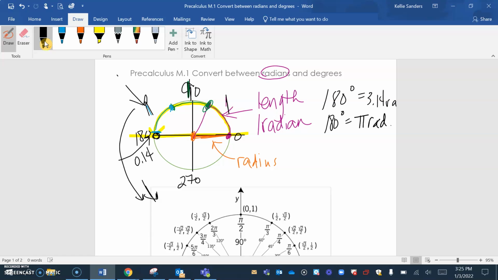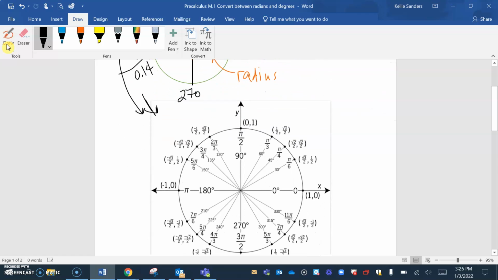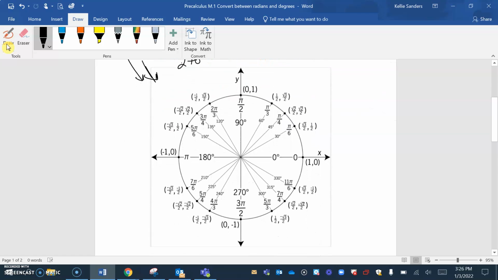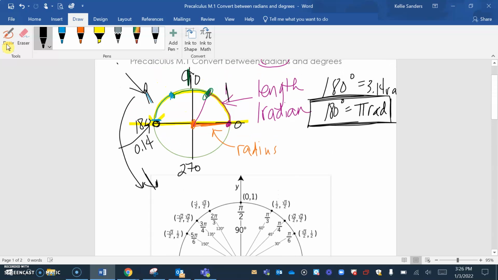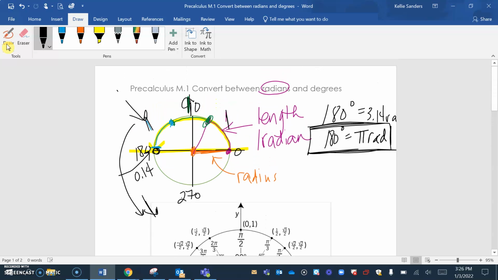We are going to use this over and over and over again. So now I'm going to erase again.